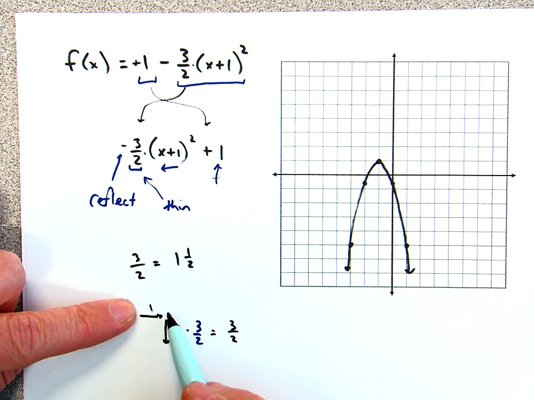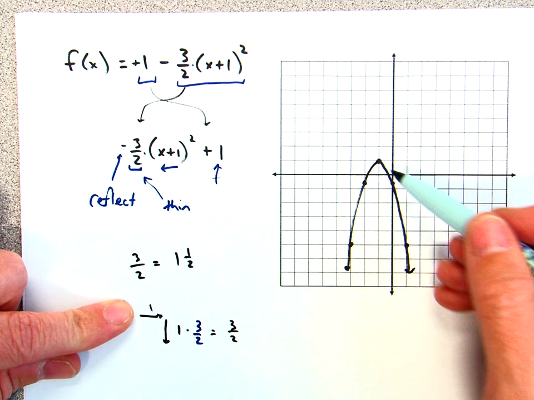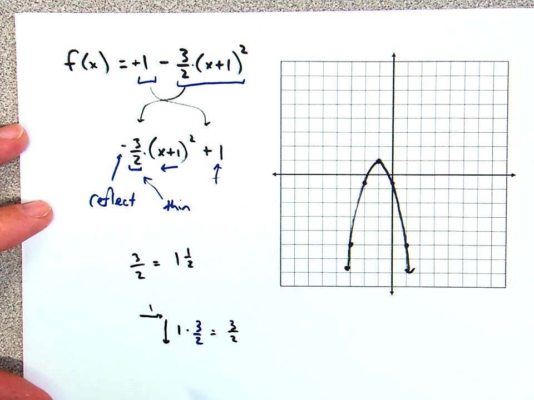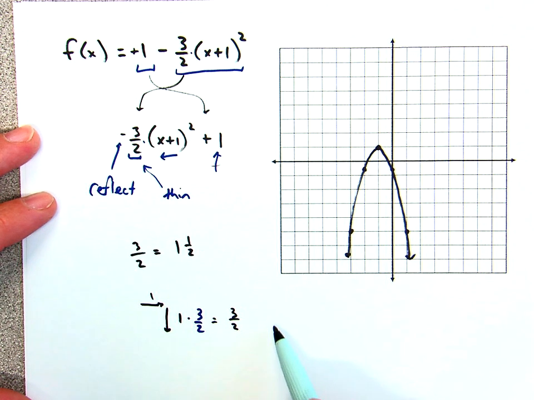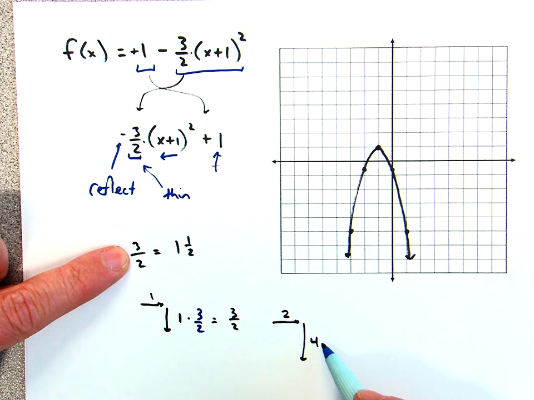So if I go out 1, I'm going to go down 1.5. So out 1, down 1.5. Normally, if I go out 2 units, I would be going down 4 units, but we want 3/2 of this.